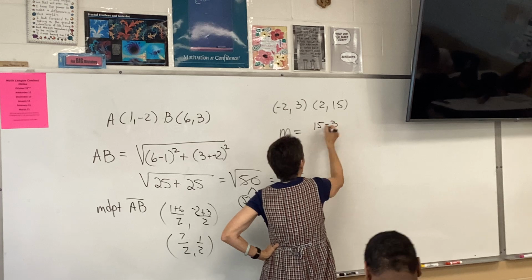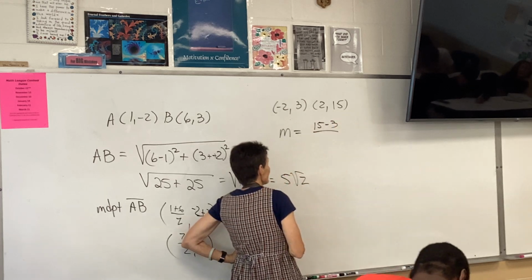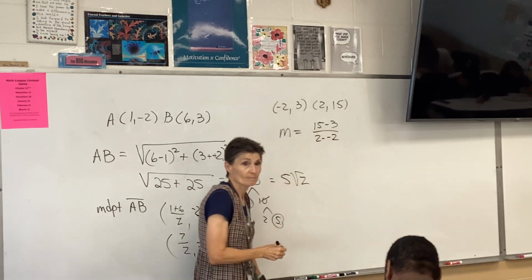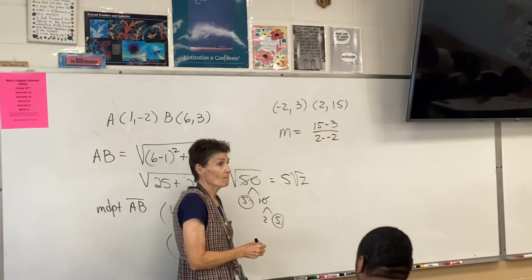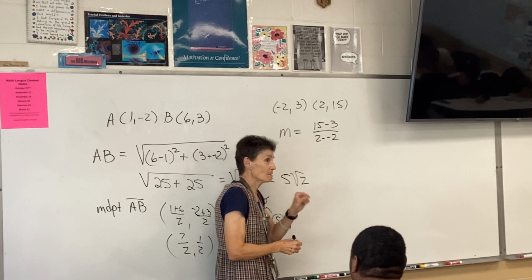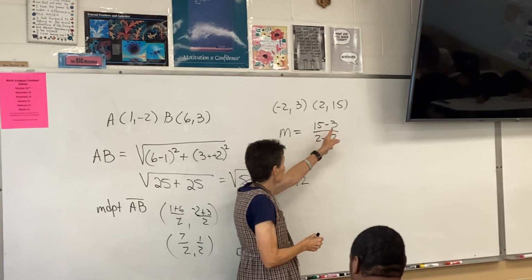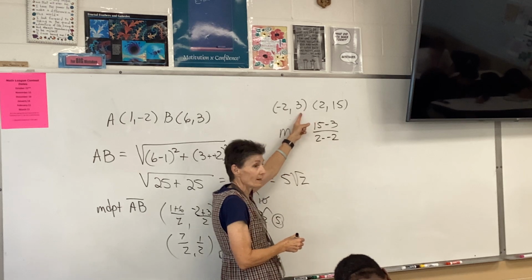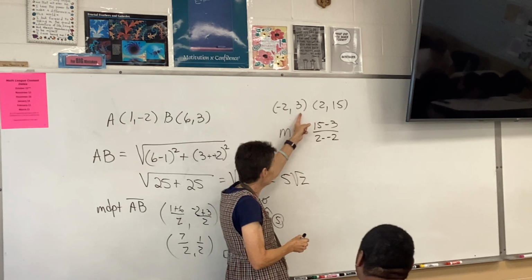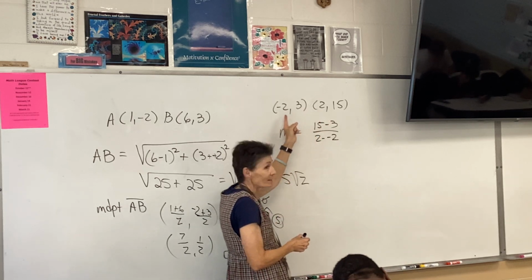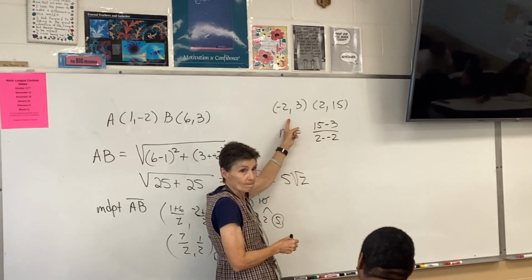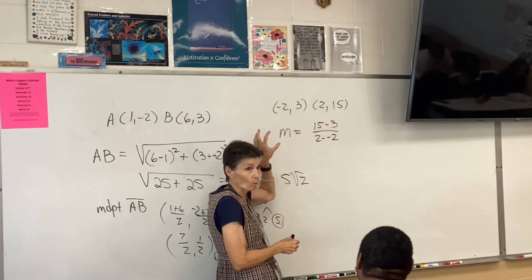Y minus Y, yes, Abby, Y minus Y over X minus X. And remember, it is important that if you do second Y minus first Y, then you gotta do second X minus first X. They have to go the same order.